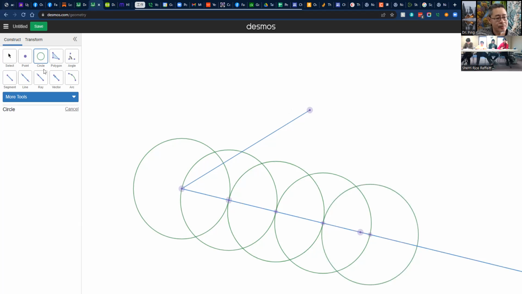Okay. So I have that. And you will notice that we got 1 here, 1 here, 1 here, 1 here, and 1 here. So we cut this line in. Well, we're not cutting this line. We just find the 5 equal lengths on this line here.